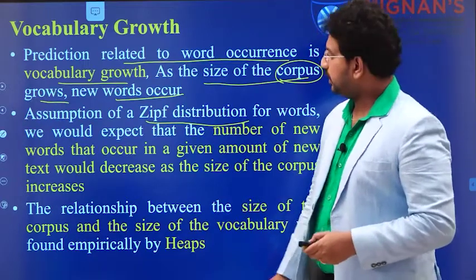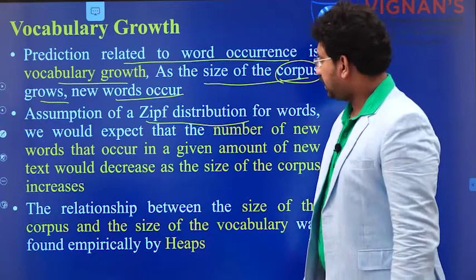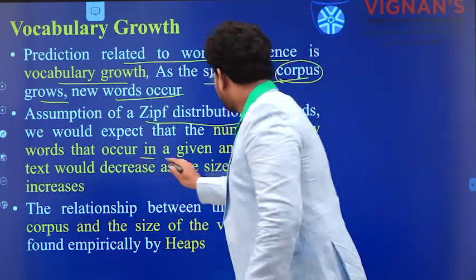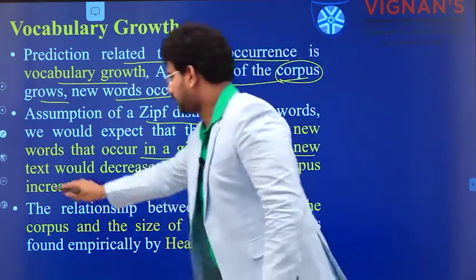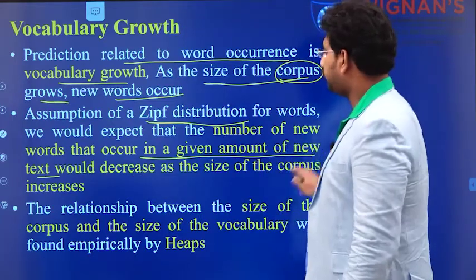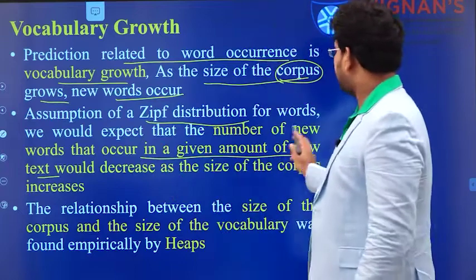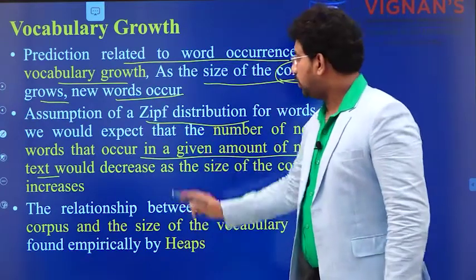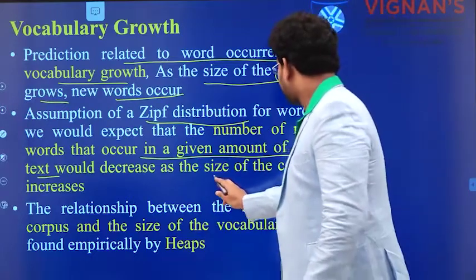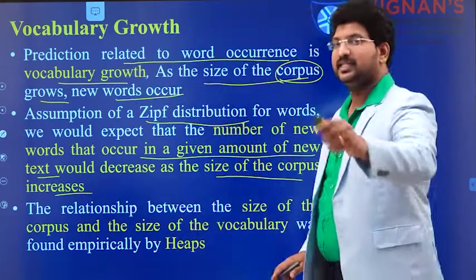We would expect that the number of new words that occur in a given amount of new text would decrease as the size of the corpus increases. This is one of the assumptions about the Gibbs law.